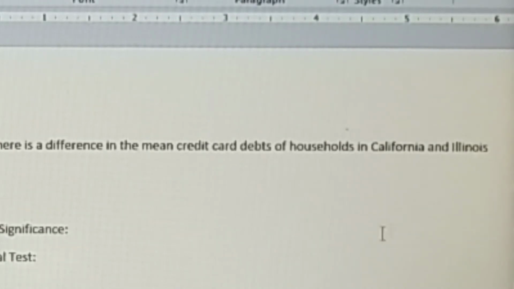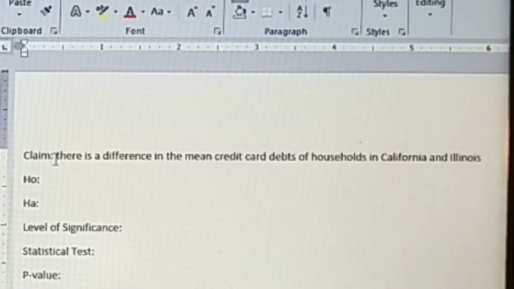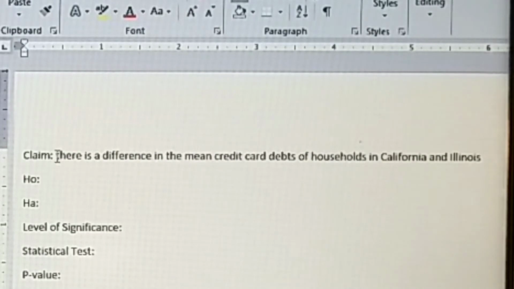Now, where can we put this claim? It says here that there is a difference in the mean credit card debts of households in California and Illinois. So meaning, we will put this statement in the alternative hypothesis. Maybe we can copy this.